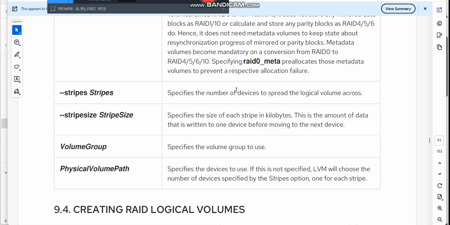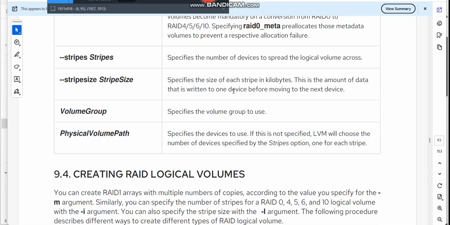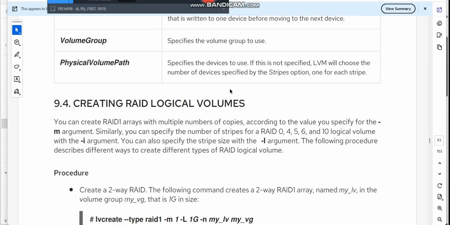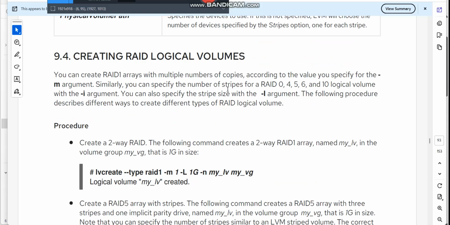This is the amount of data that is written to one device before moving to the next device. VolumeGroup specifies the volume group to use. PhysicalVolumePath specifies the devices to use. If this is not specified, LVM will choose the number of devices specified by the stripes option, one for each stripe.